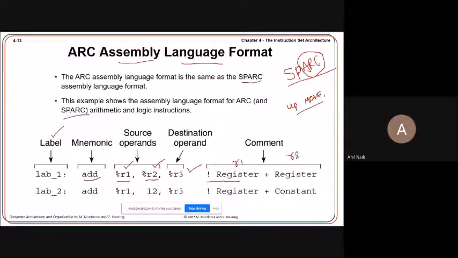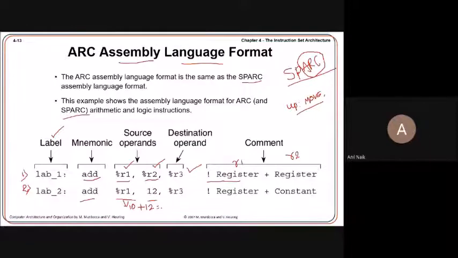This is one type of instruction. Then one more type of instruction is like lab2. These are the label and the add mnemonic, to perform the addition. Here we use a register R1 and a constant value. Suppose the content of the register is a value like 10, and the constant is 12.